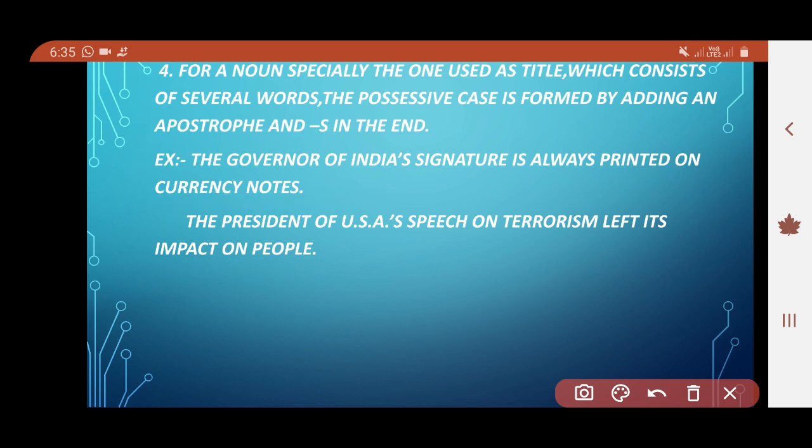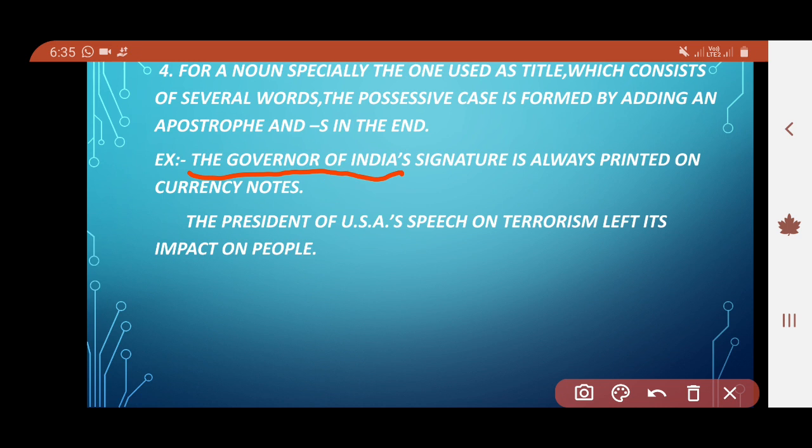Okay, the first example is the Governor of India. This is the title. Yes or no? The Governor of India. We write in this way. We do not directly write the name, but we write the title. Okay, this is a noun that is used as a title, but it consists of several words.